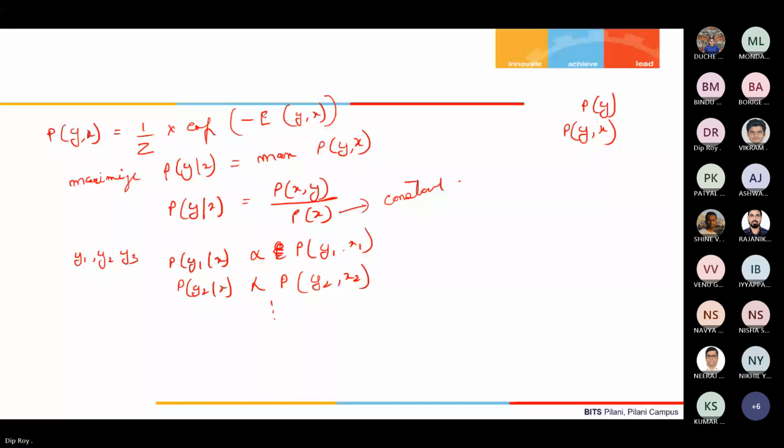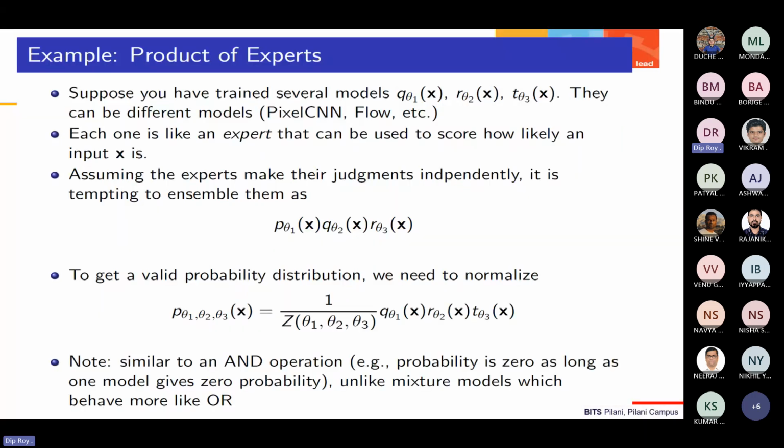Now we come to the second example. This is also a very simple example. It is essentially the product of experts. The key issue is that suppose you have trained several models, q theta 1 of x, q theta 2 of x, q theta 3 of x. They are different models, I mean PixelCNN, flow, whatever.